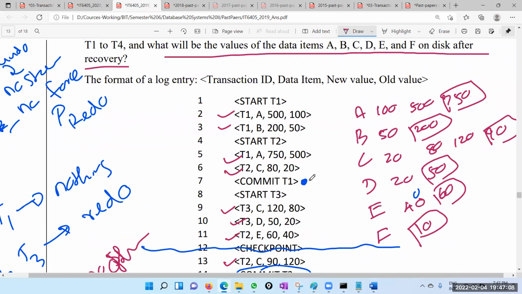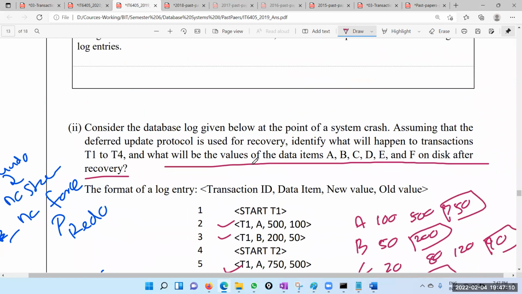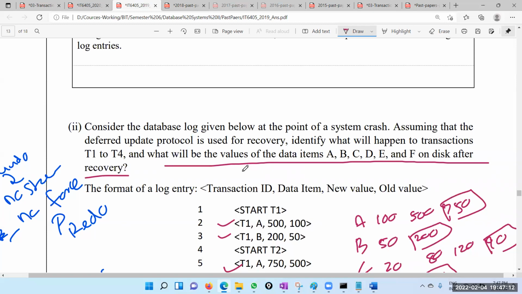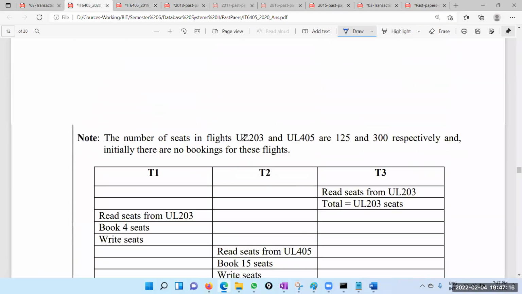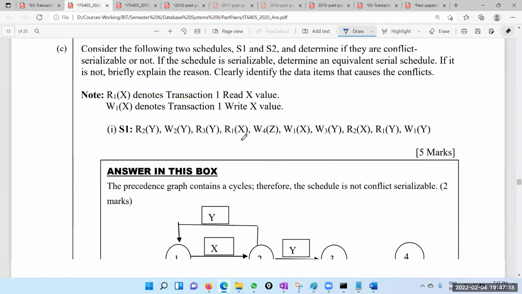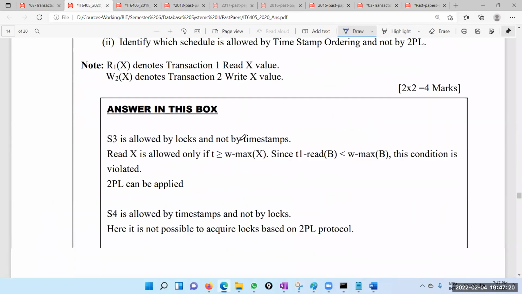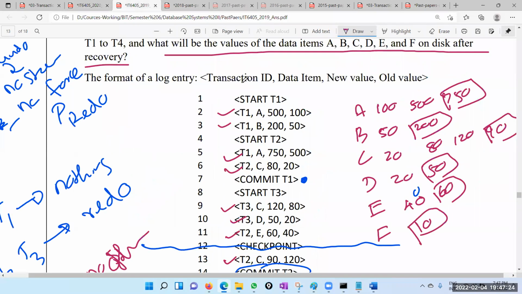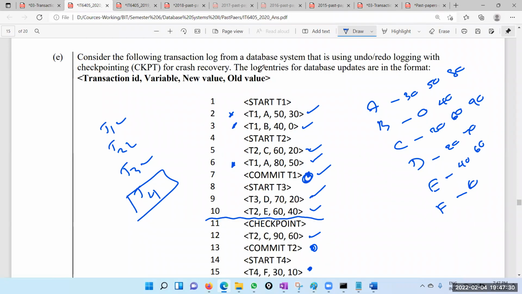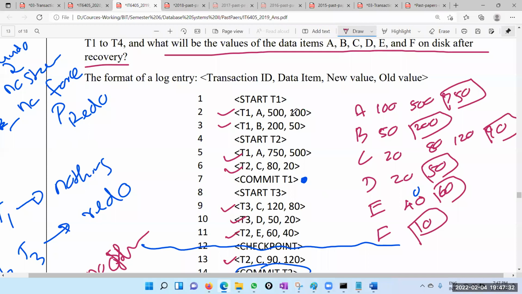Oh, I'm really confused. It looks like the exact same question is in both 19 and 20, right? That is why I'm getting confused. The question is pretty much the same. The only difference is the data. The data is different, right? 50, 30, 500, 100.